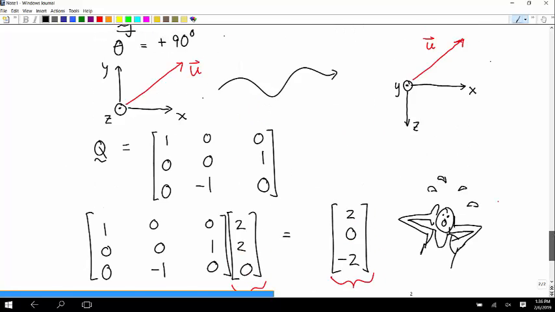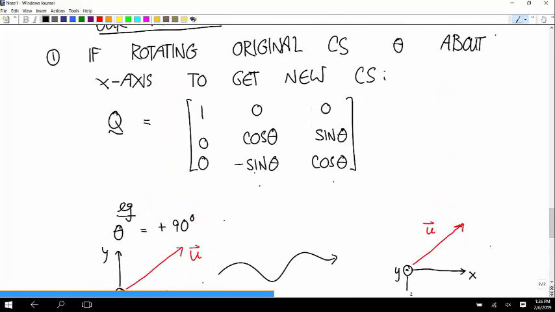Maybe you'd recognize that there's going to be a pattern here. When we were rotating about x, we had a 1 in the x spot and zeros, and then cosine, sine, negative sine, cosine. It's going to be similar for y, but remember y always has to be the strange one. It always has to be a little different.